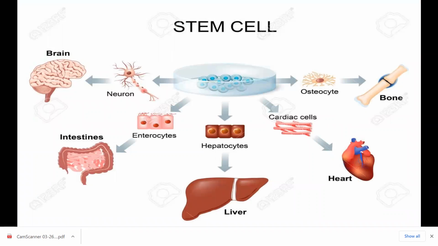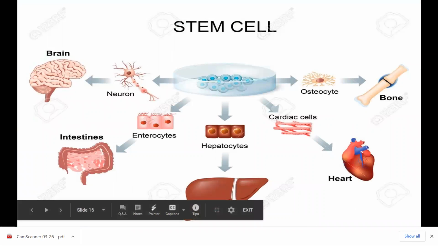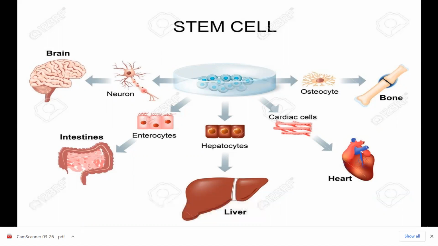So a stem cell could become a neuron, it could become an enterocyte that goes in your intestines, it could become a liver cell, it could become a heart cell, it could become a bone cell, it could become whatever, which is why stem cells are so compelling in scientific research.